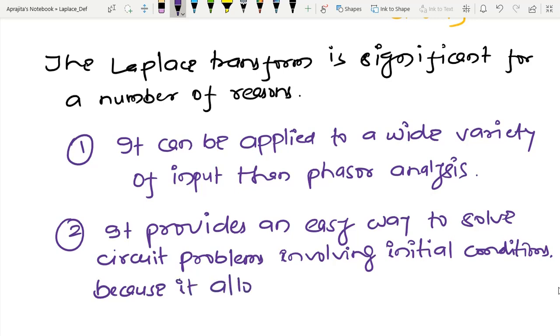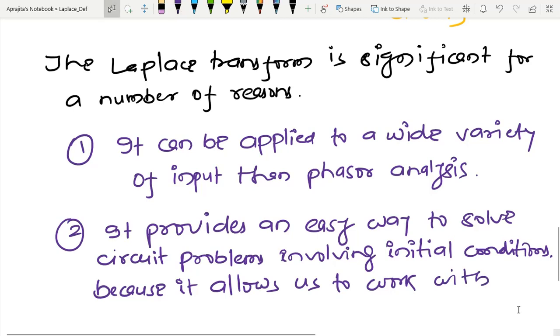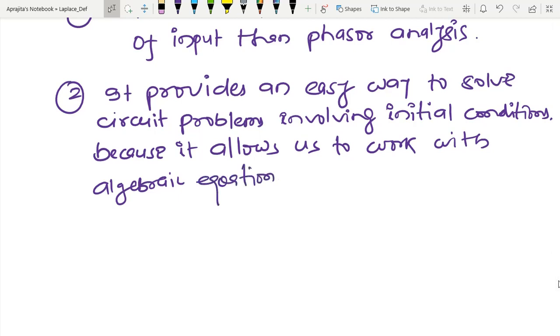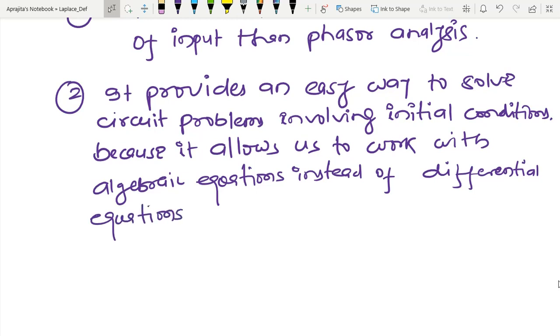it allows us to work with algebraic equations instead of differential equations. If the differential equation is complicated and we have some information on initial conditions, if all initial conditions are 0, then sometimes I have a straightforward method to solve that differential equation.